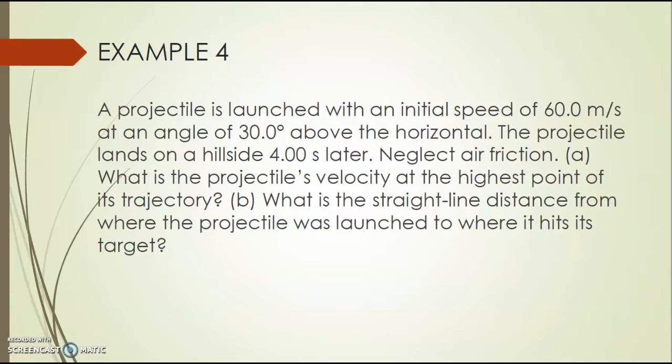At the highest point, we will notice that Vy is 0. Therefore, Vx is the only component of the velocity that we have. B. What is the straight line distance from where the projectile was launched to where it hits its target? So it's asking for the range.